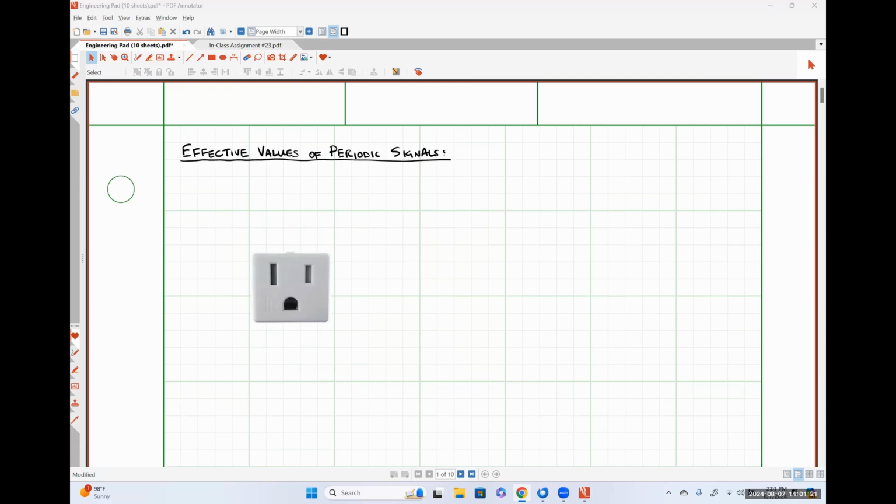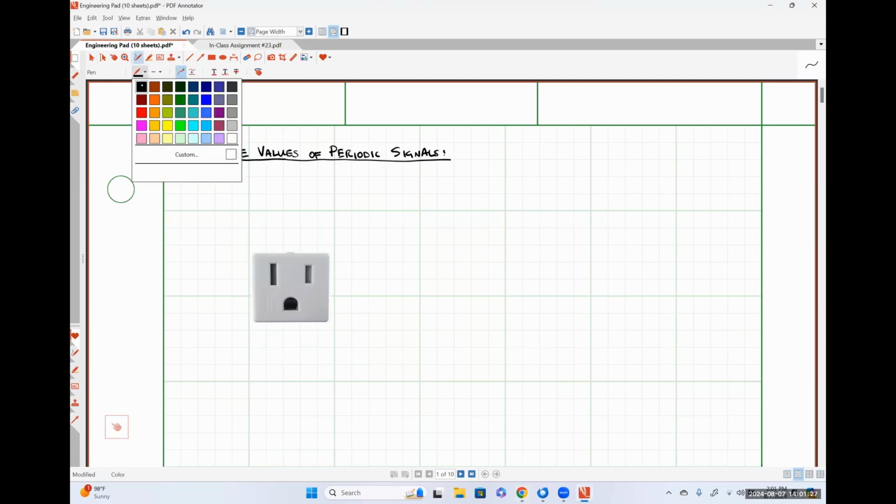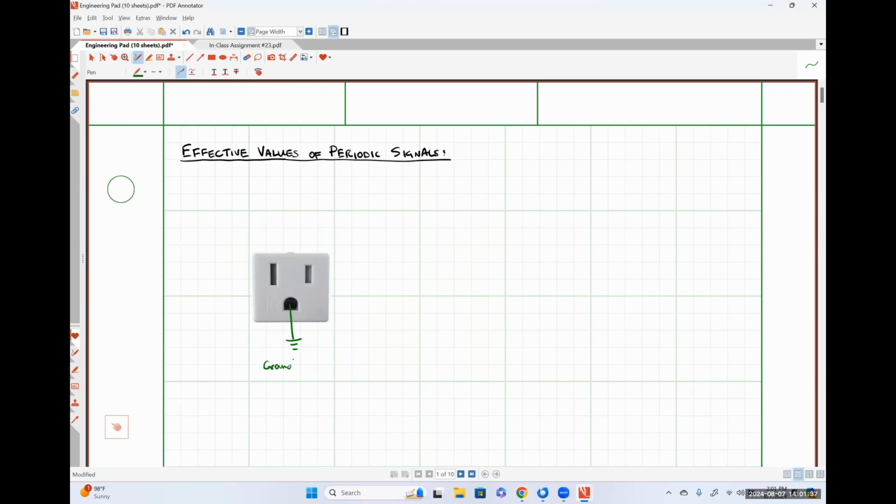Okay. So in this particular receptacle, where we see three prongs, the bottommost prong is our ground line. And if you have an outlet that doesn't have this bottommost prong, then it means it's an ungrounded outlet.